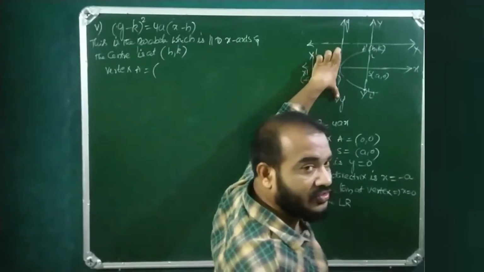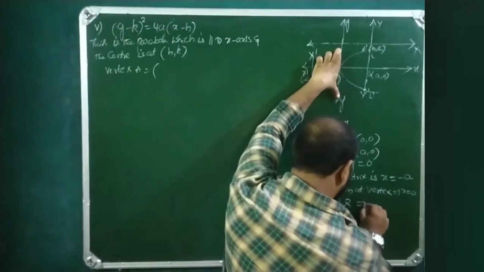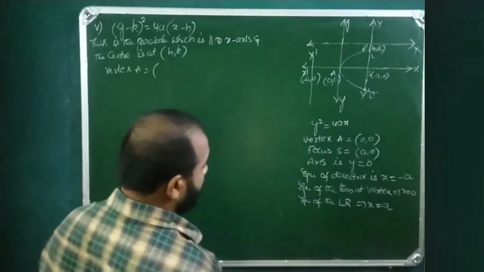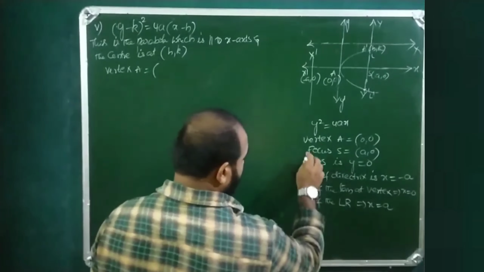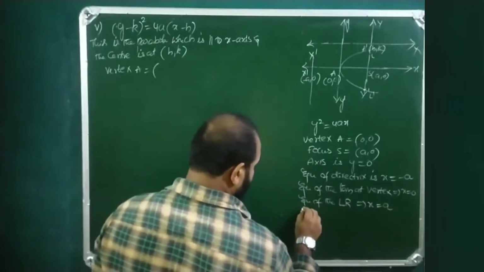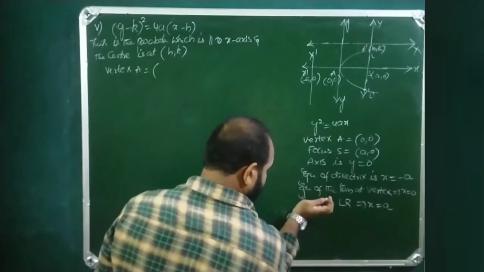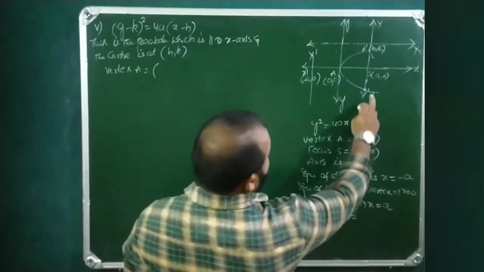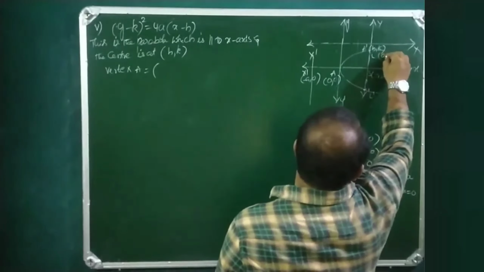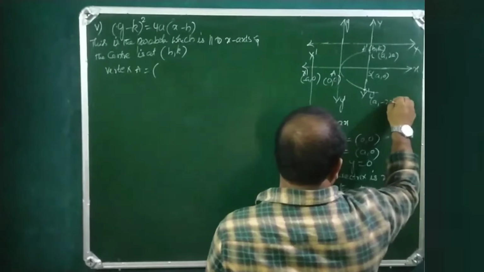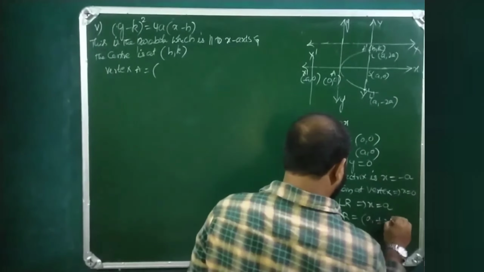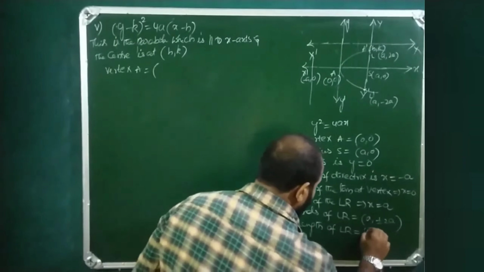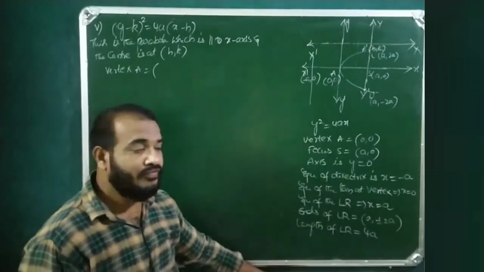Any line which is parallel to the y-axis is of the form x equals something, x equals a. Next, the ends of the latus rectum are a comma 0, a comma 2a, a comma minus 2a. That means a comma plus or minus 2a. So the length of the latus rectum is equal to 4a. So these are the things that we have discussed before.